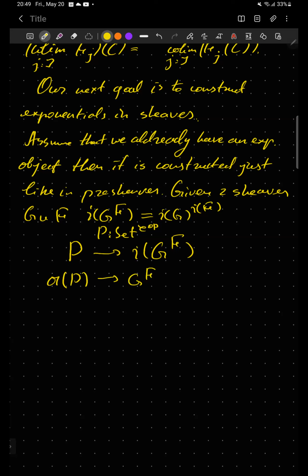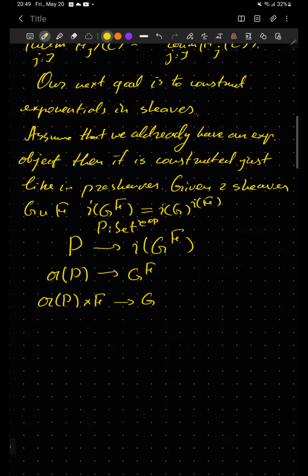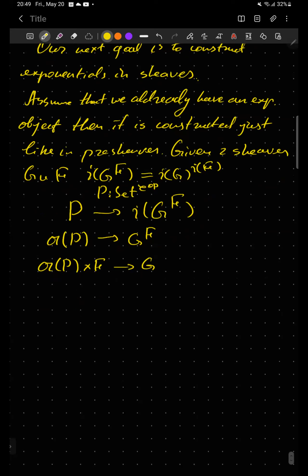Now by definition of the exponential object, we have the bijective correspondence of this form with maps of this form. Now, once again, because of the adjointness and the fact that A preserves small limits, we have the following.